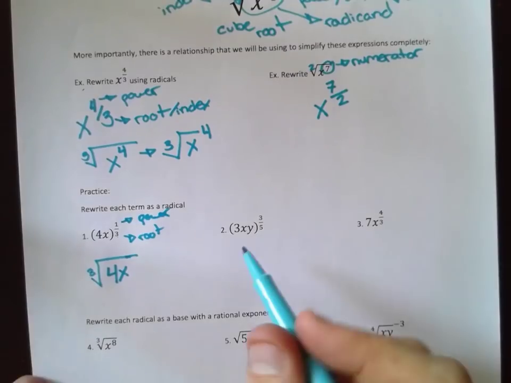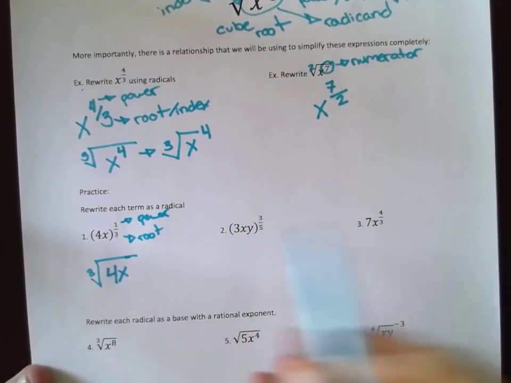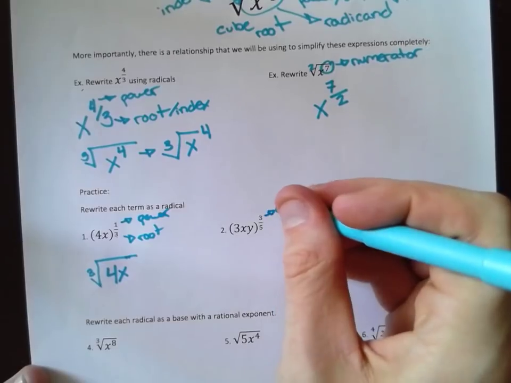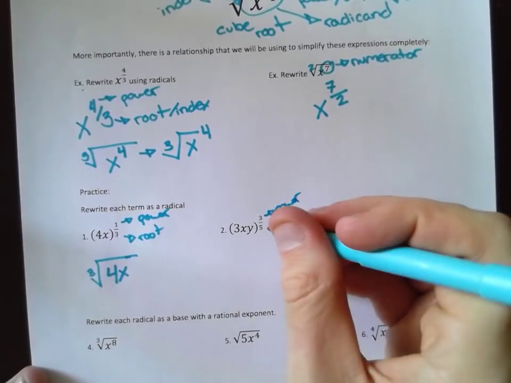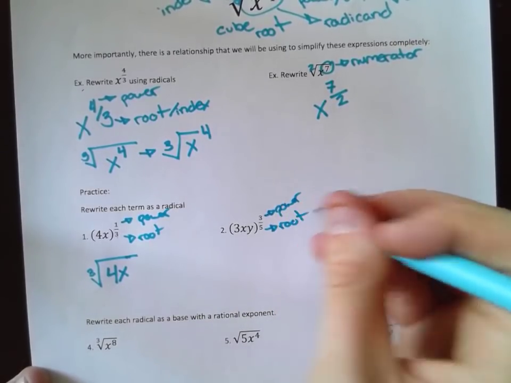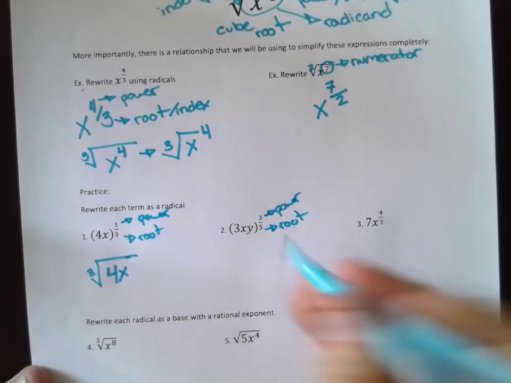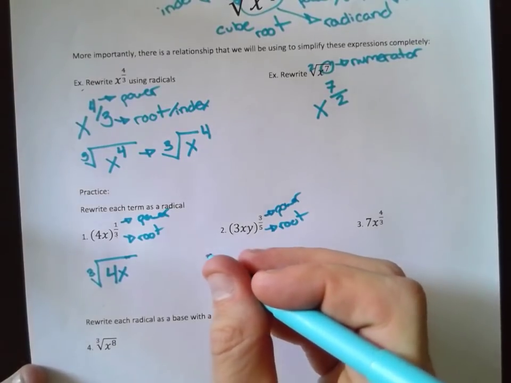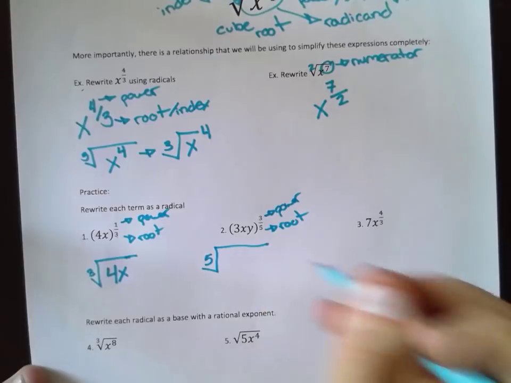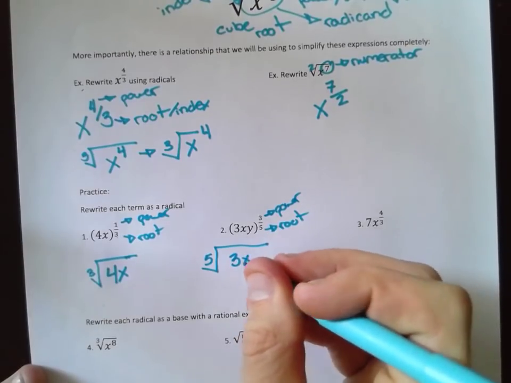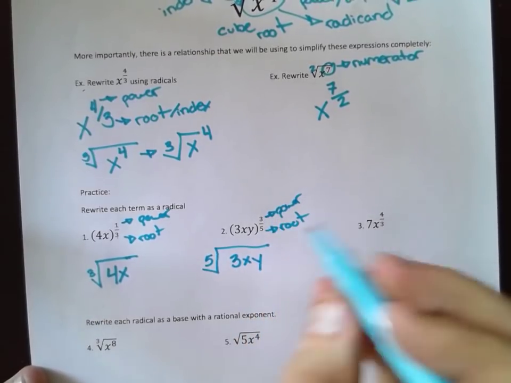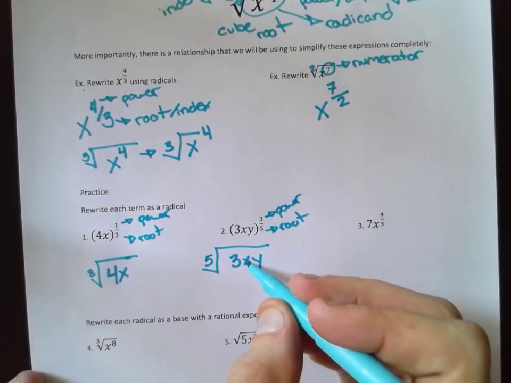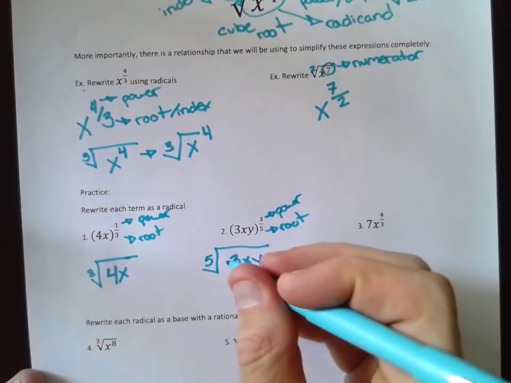Same concept here. Everything is in parentheses. I know this is my power, and this is my root, so I'm going to have a fifth root of 3xy cubed. Not just the y cubed, not just the x cubed, not just the 3 cubed. Everything's going to be cubed.